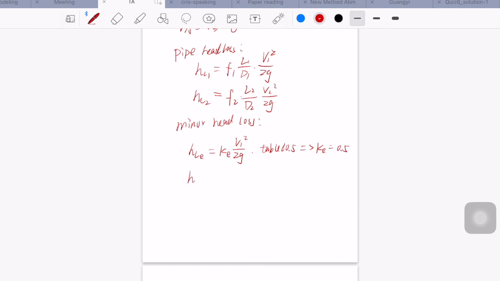The minor head loss for the expansion at the outlet should be equal to K uppercase E times V2 square divided by 2g.